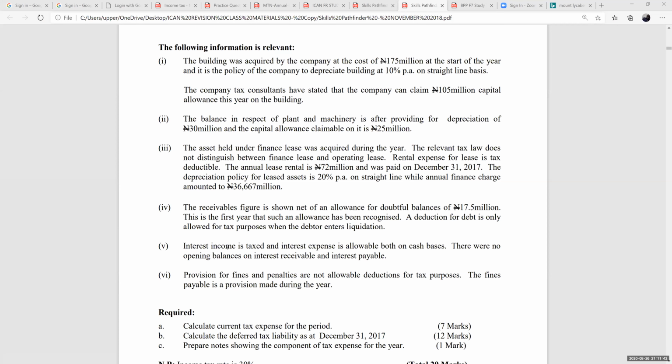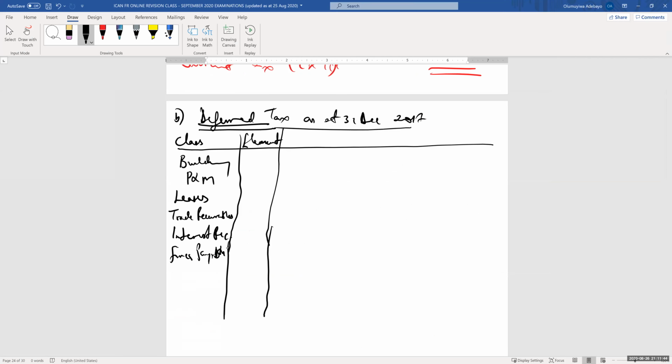I have interest payable. What again do I have? Building, plant, assets, fines. Okay, that is all. Now, let us now identify which element they belong to.